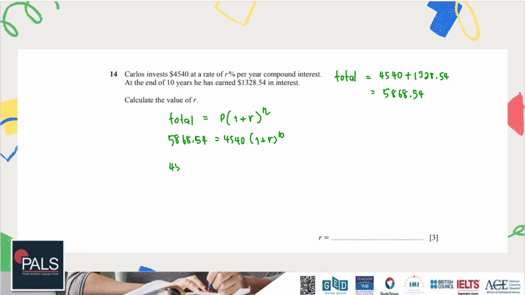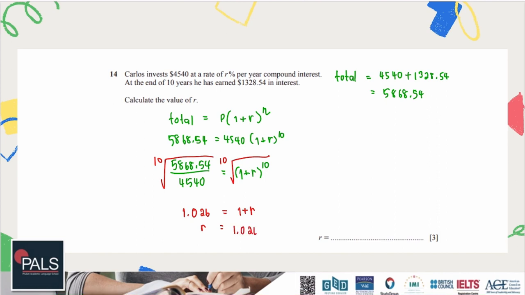So we rearrange to find R. We need to cancel the power of 10, so we take the 10th root of 5868.54 over 4540, which is 1.026, equal to 1 plus R. So what is R? R is 1.026 minus 1.